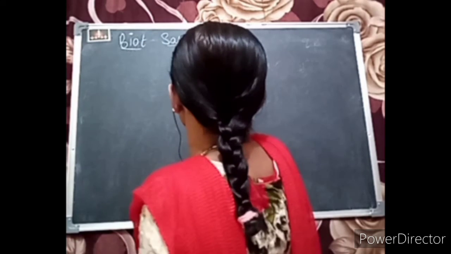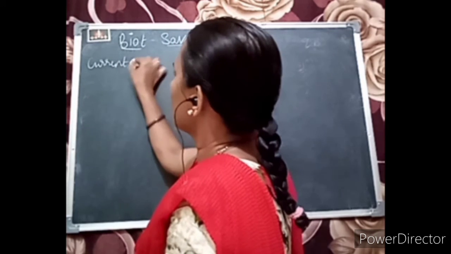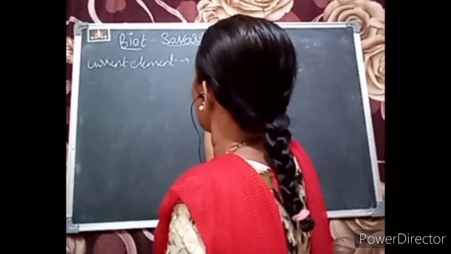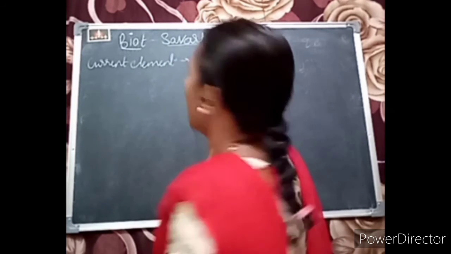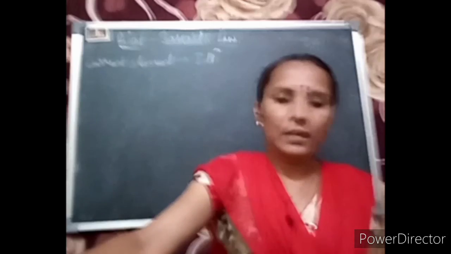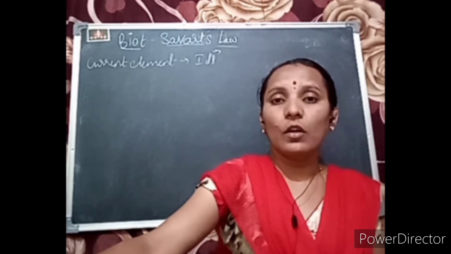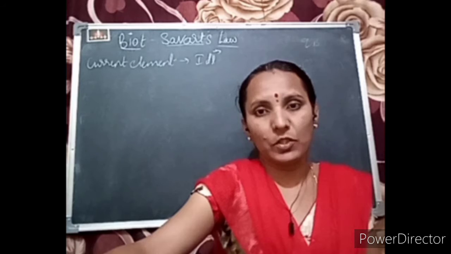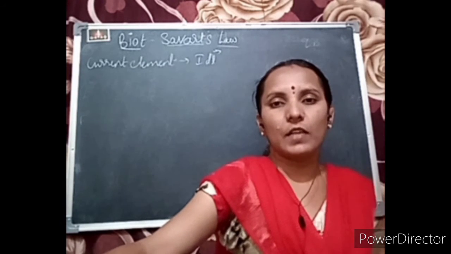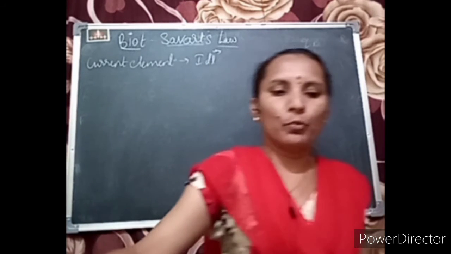Our topic is Biot-Savart's law. Current element I am talking about. Current element is written as Idl and it is a vector quantity. Don't forget about that. Its direction is tangent, meaning it is like a line touching the portion they are talking about.